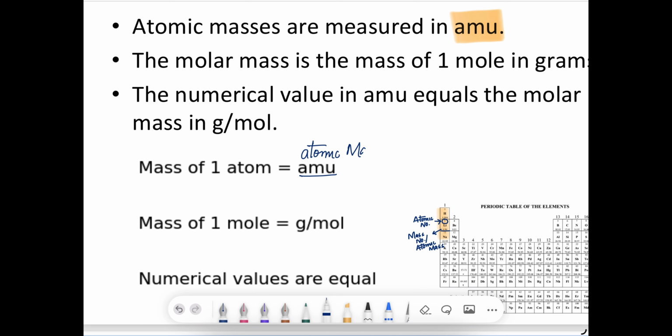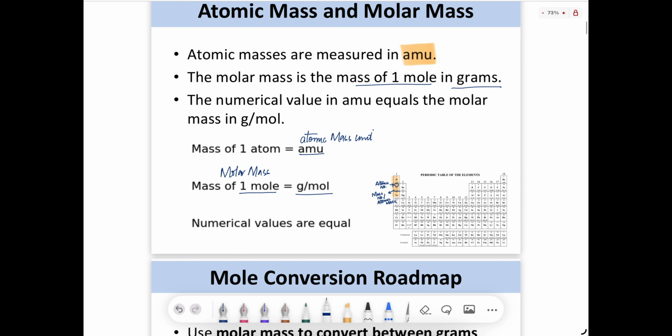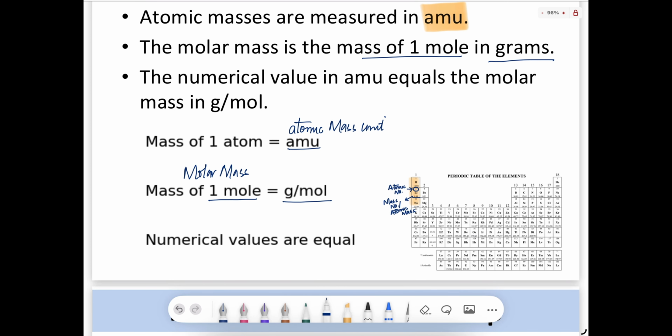Then you have mass of 1 mole. Mass of 1 mole is said to be the molar mass. So the molar mass is the mass of 1 mole of substance in grams. Clear? And numerically, these values are equal to each other.